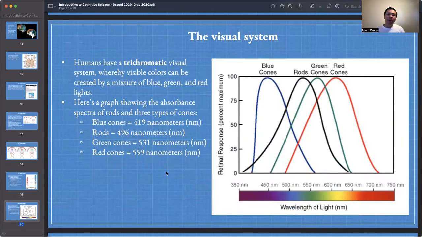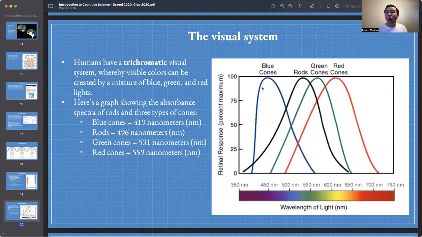Here we see that humans have a trichromatic visual system where visible colors can be created by a mixture of blue, green, and red lights. So here's a graph showing the absorbance spectra of rods and three types of cones. On the x-axis, we have wavelengths of light in nanometers, and on the y-axis, we have retinal response, percent maximum.